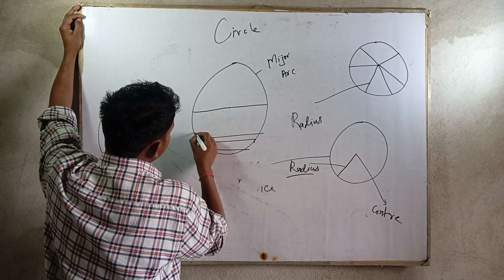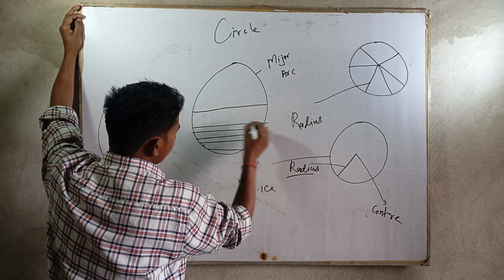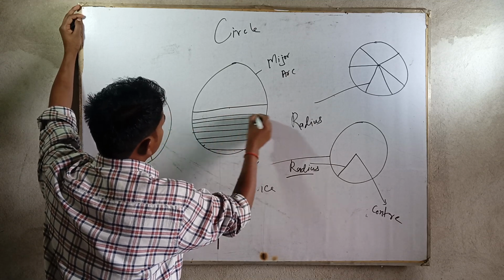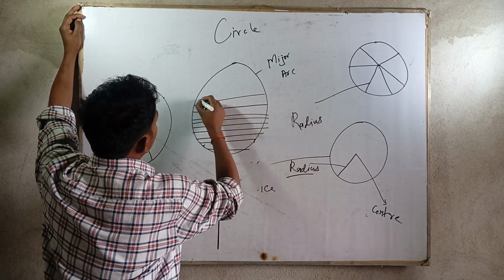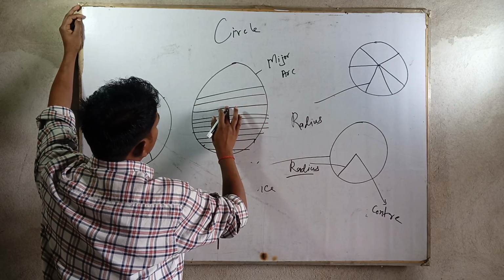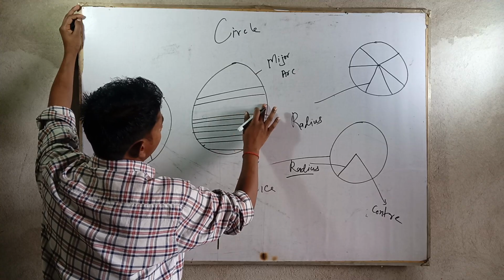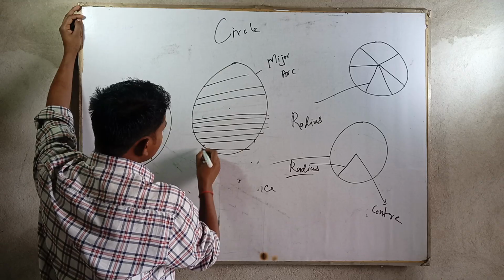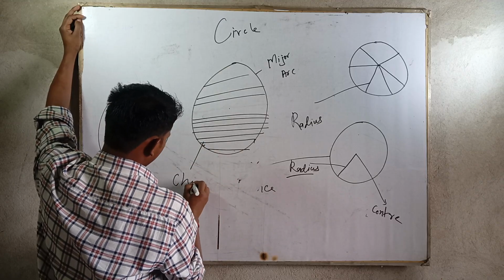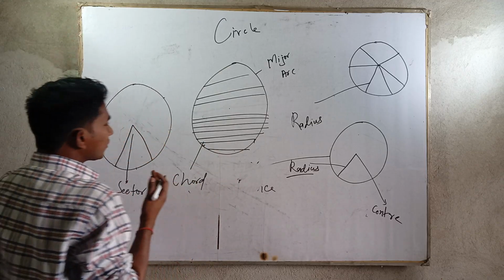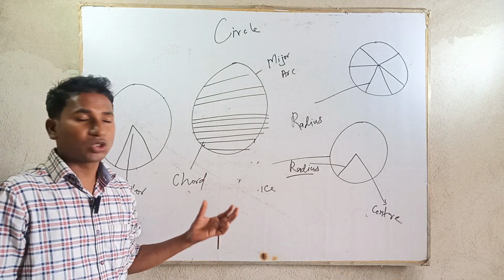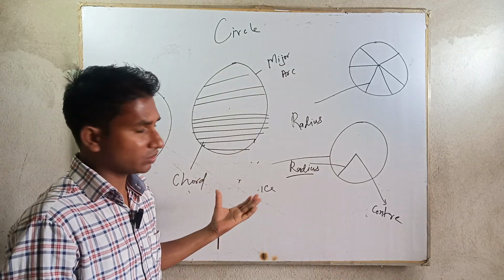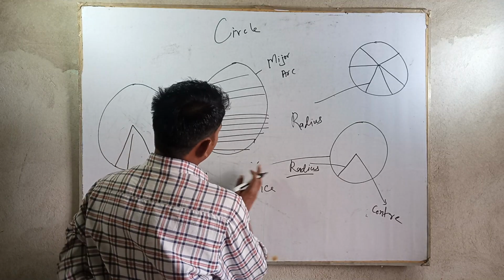There are so many line segments that can be drawn in this circle which are not touching the center. So what do we call this? This is called a chord, because in this figure there are so many chords that can be drawn. So this is called a chord.